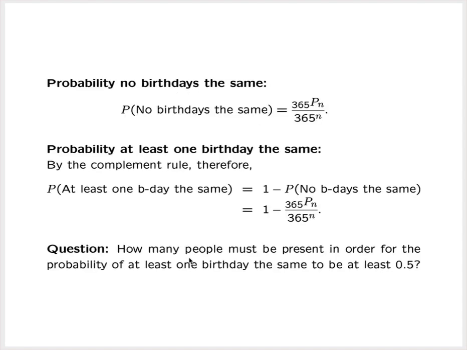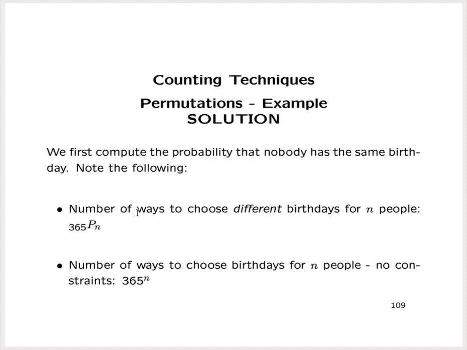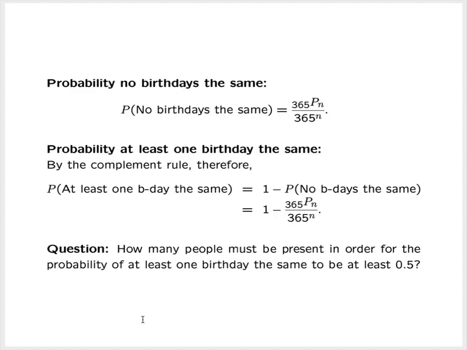So the probability that no birthdays are the same is this number divided by this number. The probability of no birthdays the same, if the people are chosen at random, is 365 permute n divided by 365 raised to the nth power.